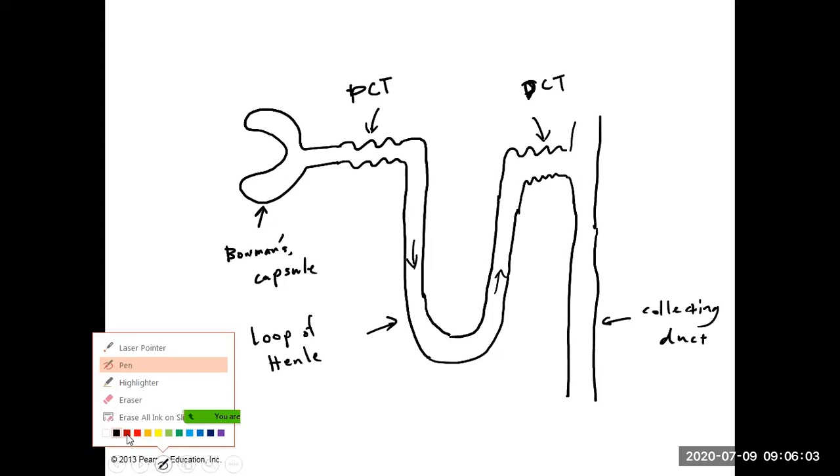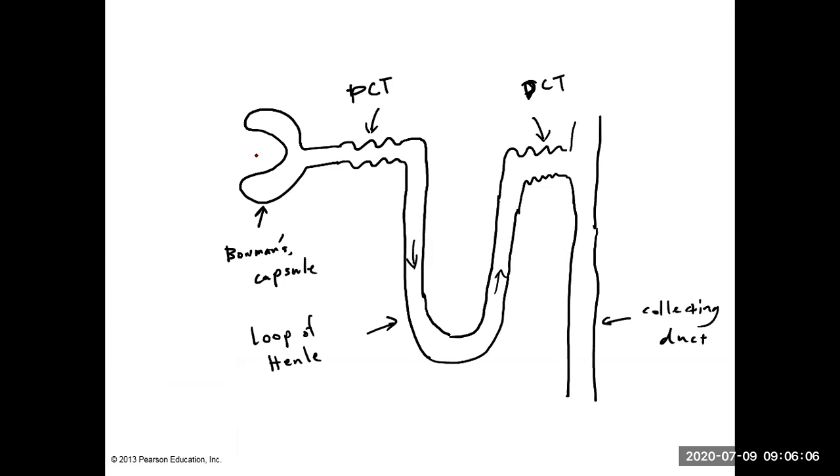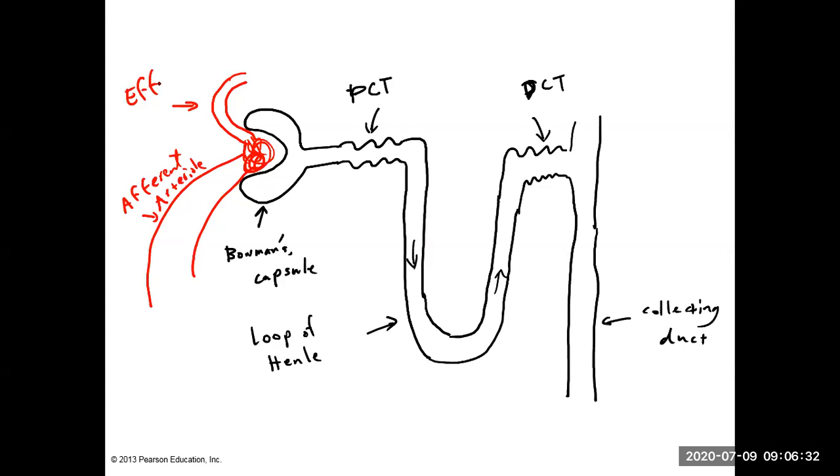Blood vessels that come into here is the afferent arteriole. And the efferent arteriole is a little bit smaller in diameter. Efferent arteriole, if you recall, had a smaller diameter.